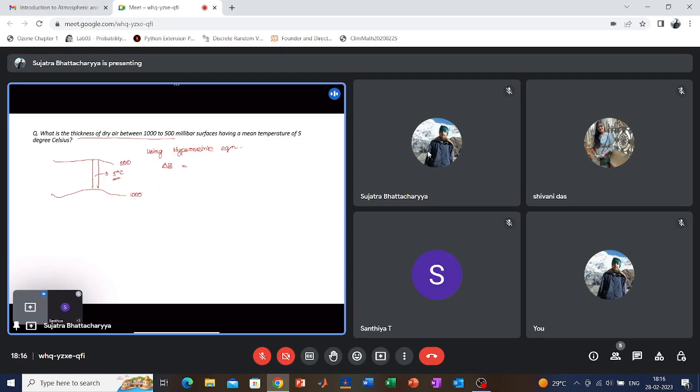This is the mean temperature over the entire column. Each place it will have different temperature. Okay, so delta Z, I will write the formula. That will be RD T bar by G log of P naught by P. P naught is the lower surface pressure, and P is the upper surface pressure.